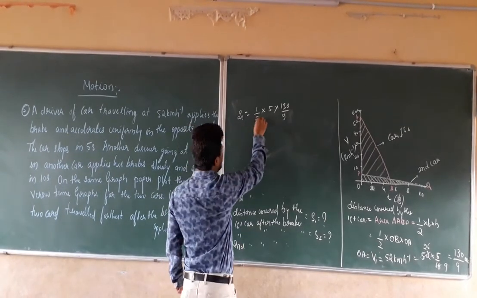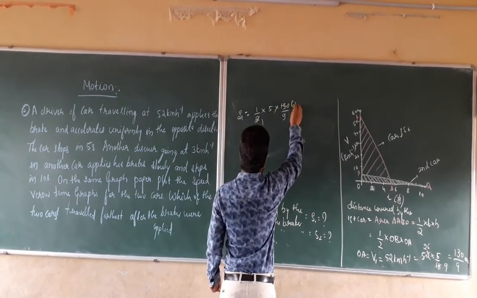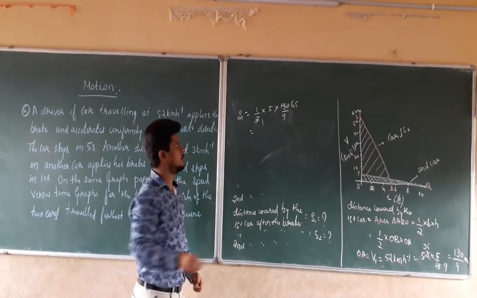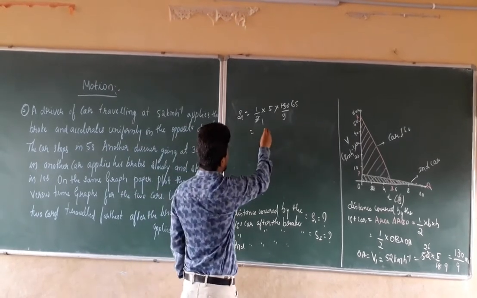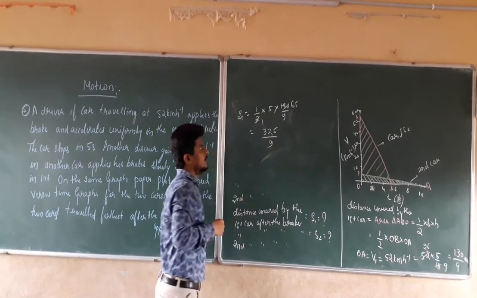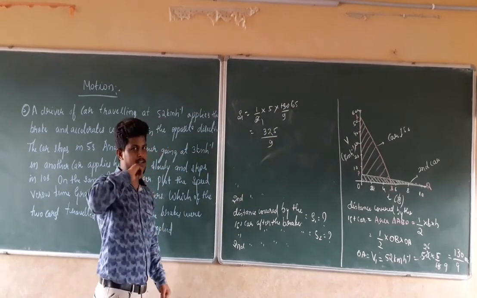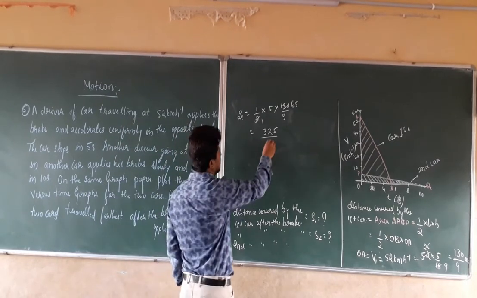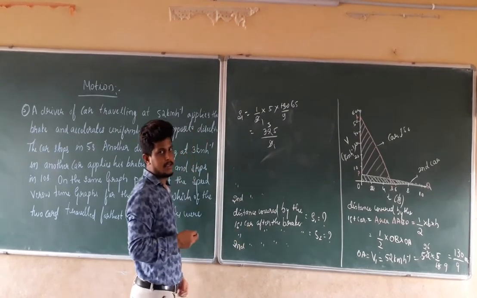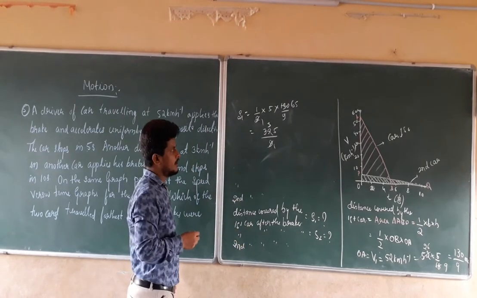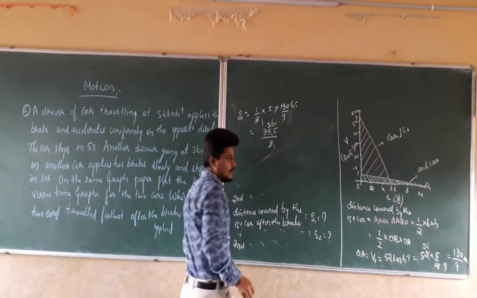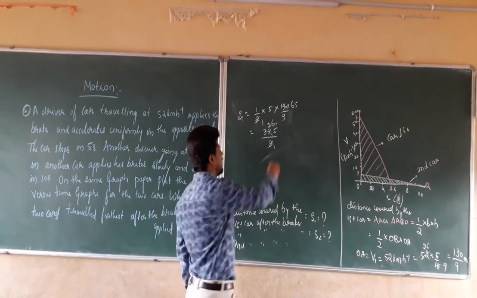So 2 1s are 2, 65 5s are 650. It is equal to 325 divided by 9. 9 3s are 27, carry remains 5, it will become 55. 9 6s are 54, remainder 1, it will become 10, 9 1s are 9.